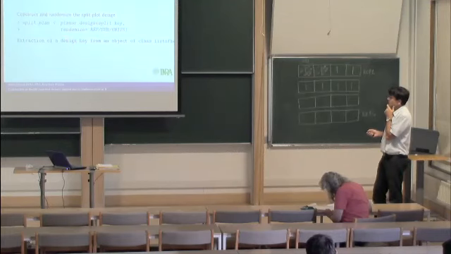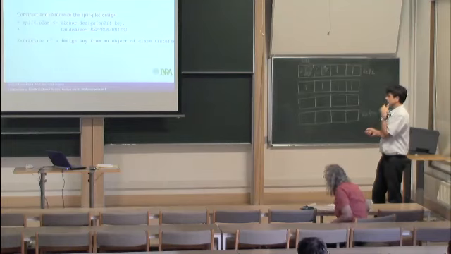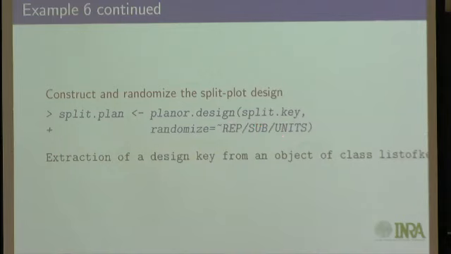So in the example of the split plot, we want to randomize according to this nested structure. We want to randomize the replicates. Well, in fact, it's an orthogonal design, so it's not useful, but still it works in this way. We're going to randomize the replicates, the subblocks within the replicates, and the units within the subblocks.